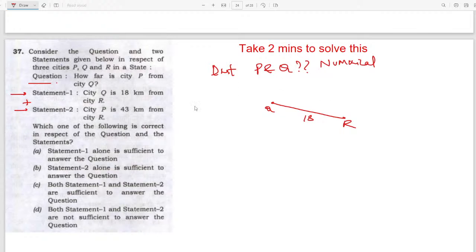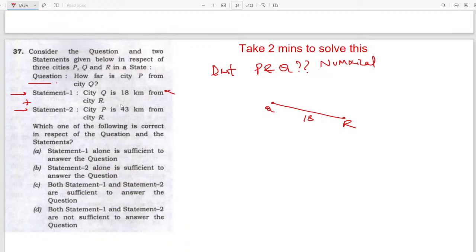But we have to calculate the distance between P and Q, and in statement 1 there is no information about city P. Clearly, statement 1 alone is not sufficient to answer the question.